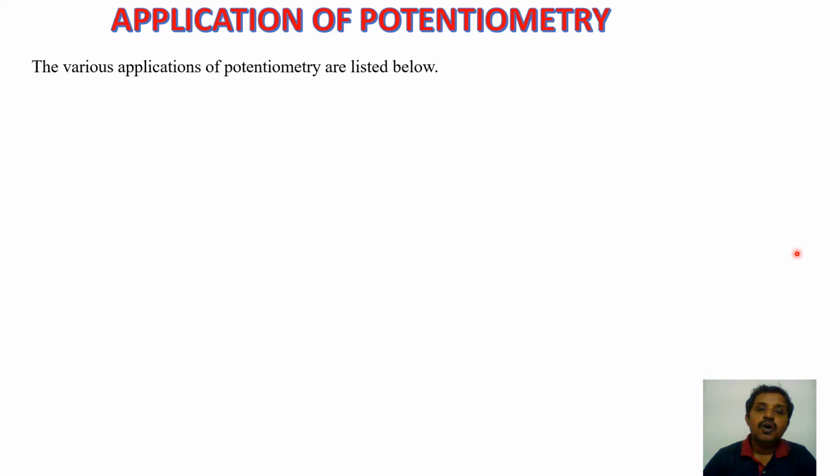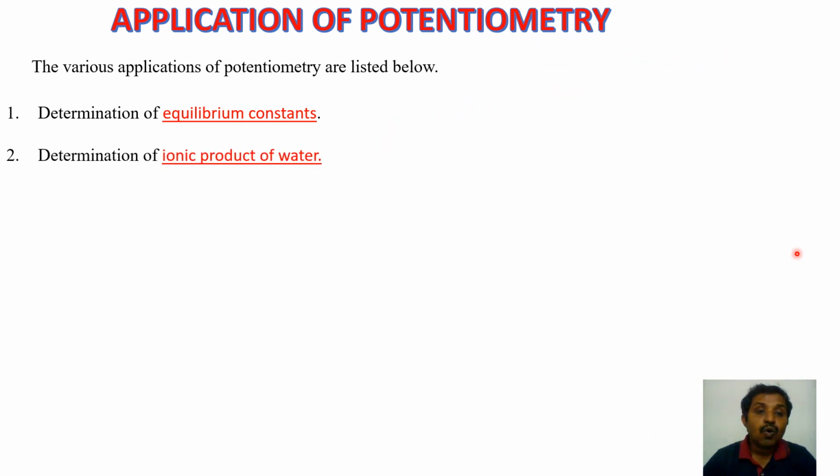Now let us discuss the applications of potentiometry. The first application is determination of equilibrium constants. The equilibrium constants of reversible reactions can be calculated using potentiometry, and it is also used to calculate the ionic product of water.